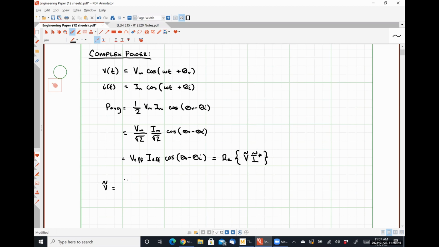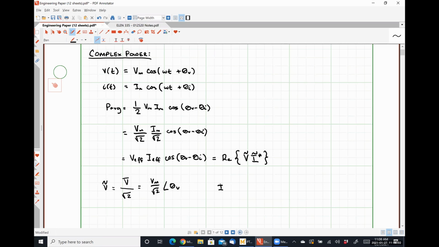So that will be our phasor voltage divided by the square root of 2, meaning that this is Vm over square root of 2, angle theta v.